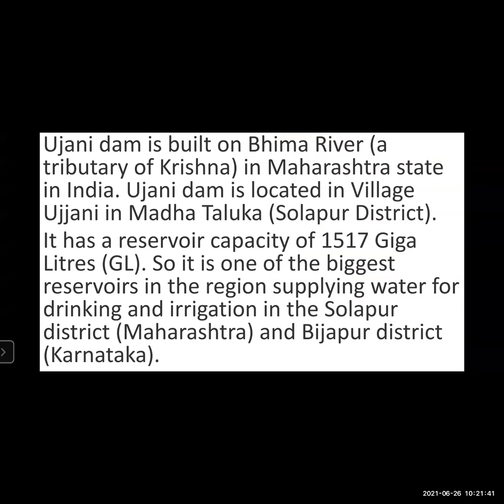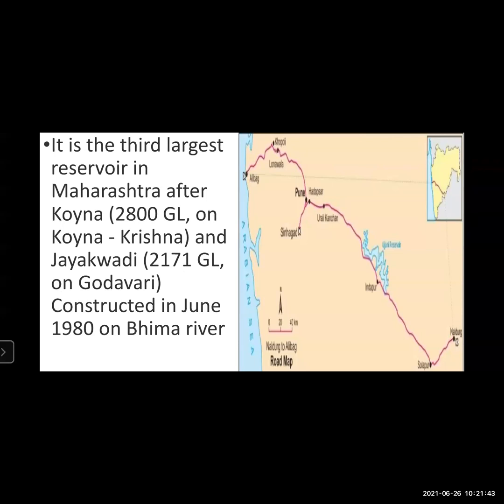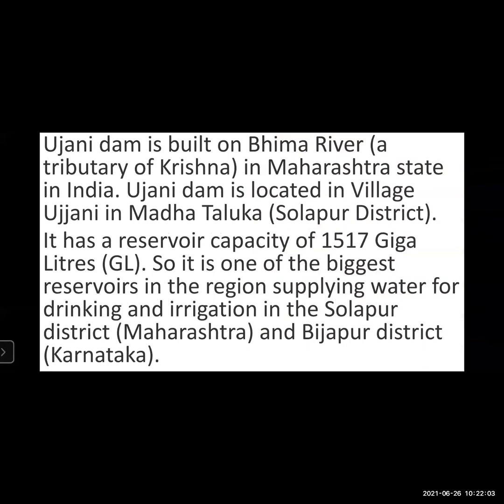And after that, Koyna and Jaikwadi. Koyna is built on river Krishna and Jaikwadi is built on river Godavari. So remember this. Ujjaini Dam reservoir is built in June 1980 on Bhima River. It supplies water for drinking and irrigation in Solapur and Bijapur district.